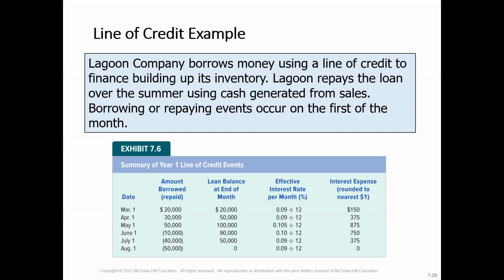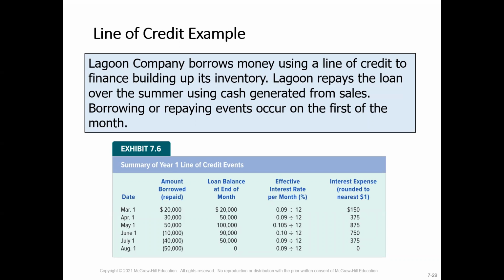So that's another option. So we have a 9% interest for March and April's draws. And so for March, April, and May, Lagoon Company would only be paying the interest expense on the loan. They're not paying any of the principal yet. So between March, April, and May, the company is drawing $100,000.